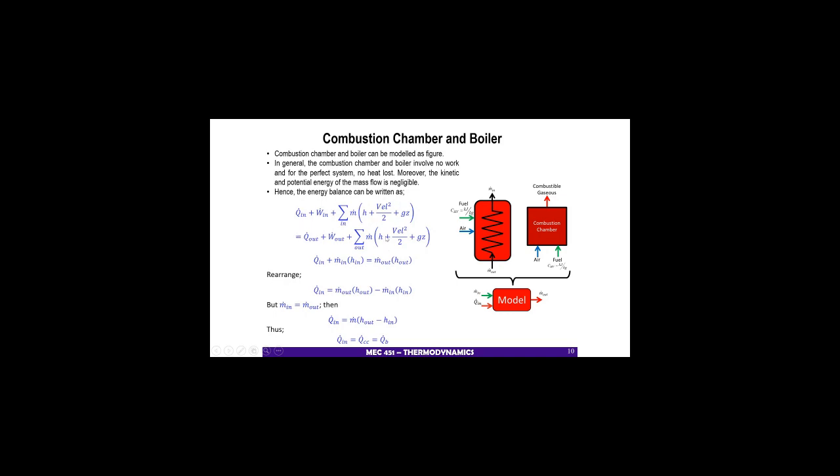So all the potential and kinetic energy is cancelled out. So this is the general equation. As mass in and mass out are similar because we have only one inlet and outlet, we take them out. So we have Q in is your same mass flow rate times enthalpy out minus enthalpy in.